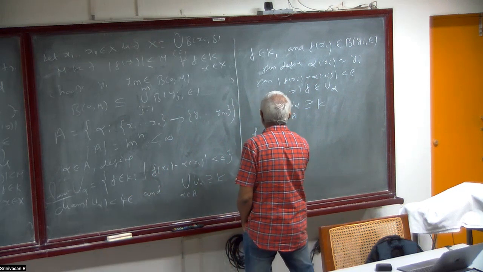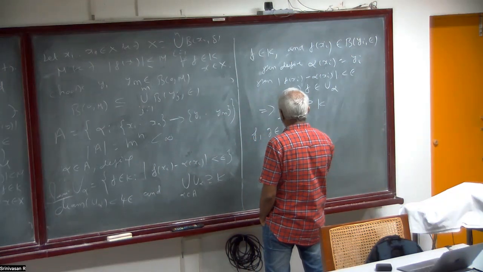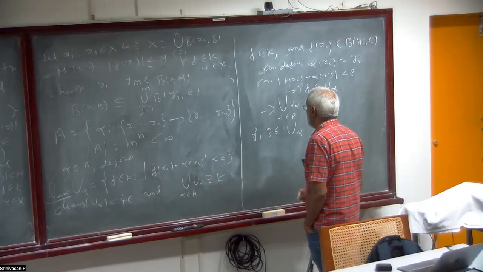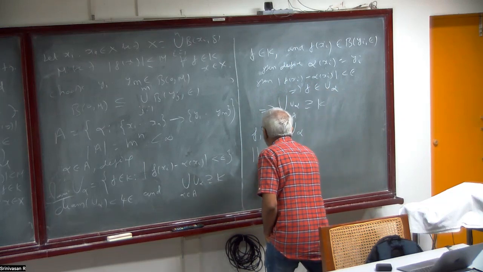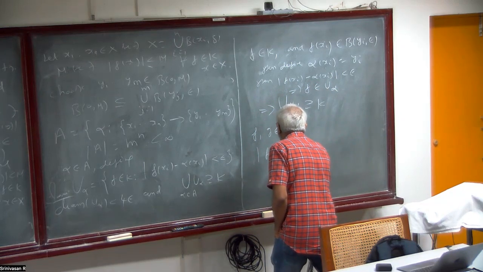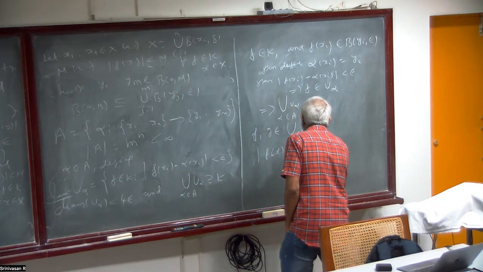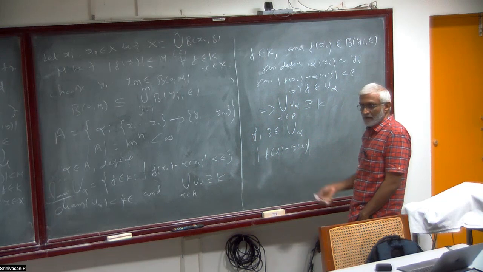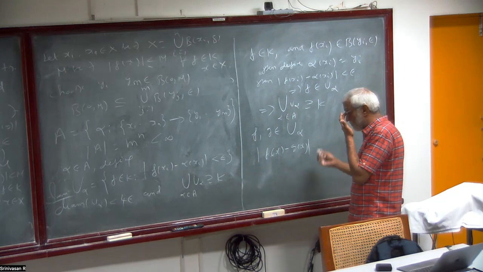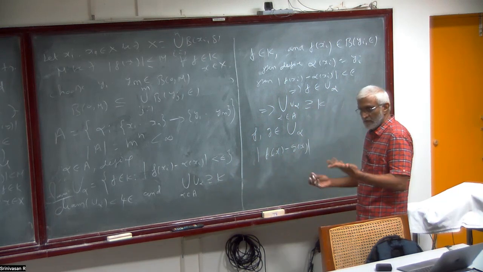So if f and g are in U_alpha, we want to compute this supremum norm, f minus g, that is |f(x) minus g(x)|. I mean, you use the triangle inequality several times. Of course, I said 4 epsilon, so it will be 4 times.